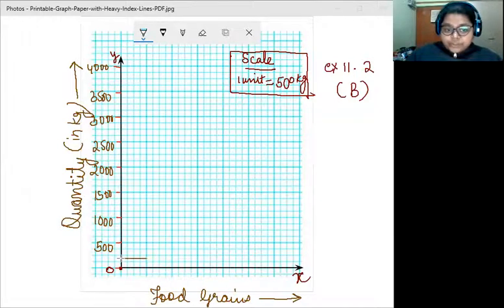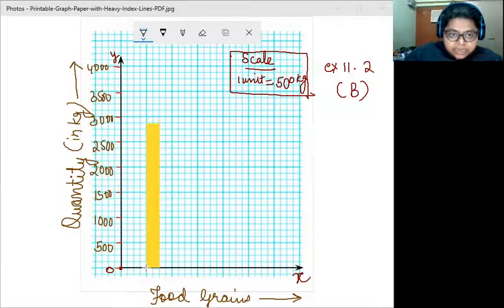So you will leave the first one. We are leaving the first one here and drawing in the second one. The first is the rice and it has 3000. Let's see. We start from 0 and take up till 3000. Can you see this mark? It is not here. You have to go to 3000.